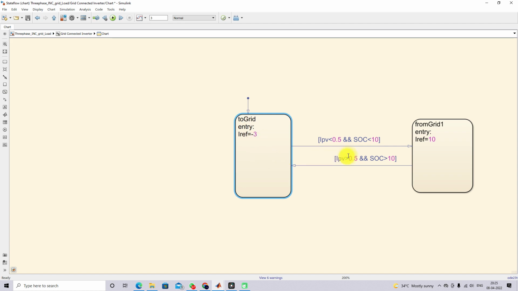So this condition, if IPV and SOC are less than 0.5 and 10, then we are getting power from the grid. If IPV and SOC are greater than 0.5 and 10, then we are sending power to the grid with the reference current of -3.